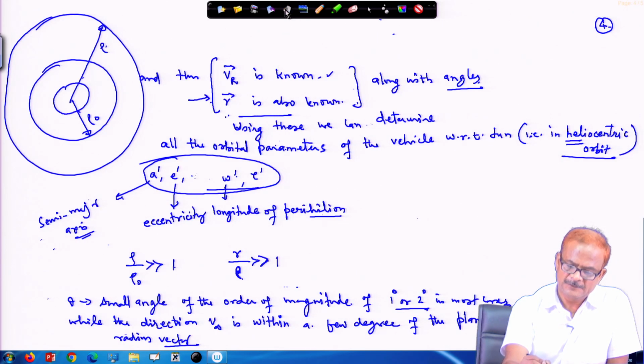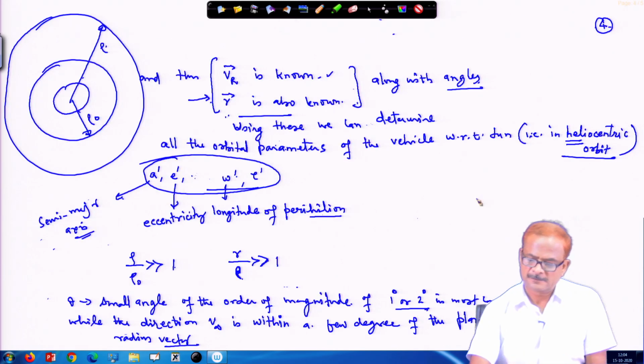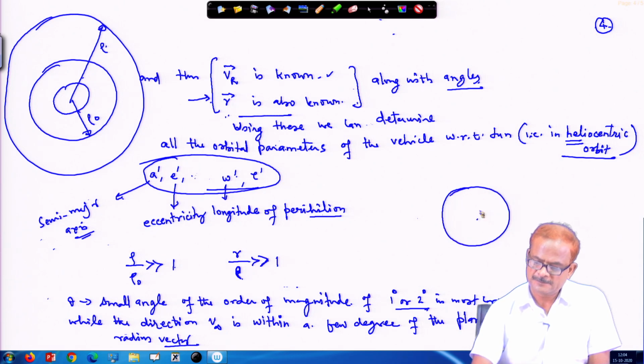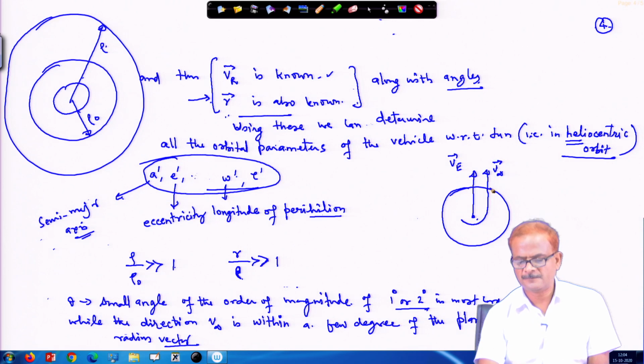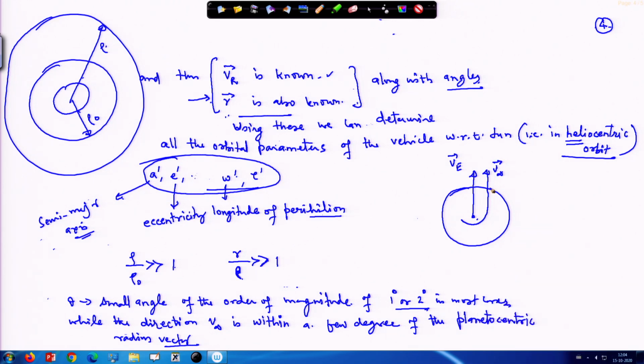So, ideally it should happen that once the launch is done, and if this is the velocity of the earth, then after the launch V infinity should come in the same direction ideally, but this will not be the situation as shown in the previous figure. Okay. If this is not the situation, then we have to take into account all the angles and work out.